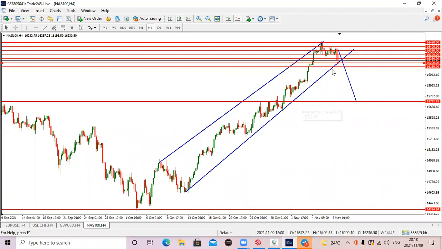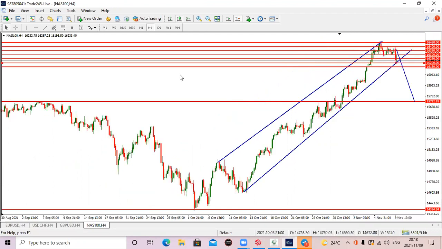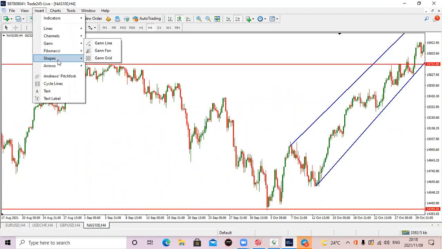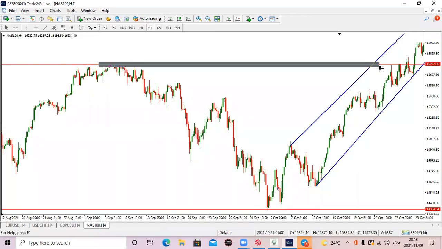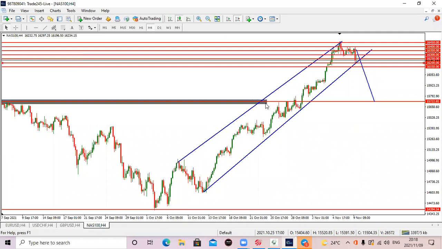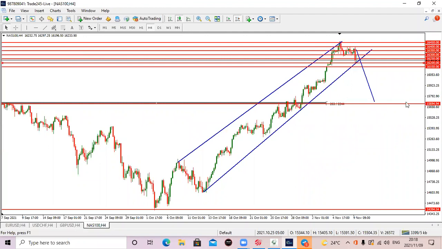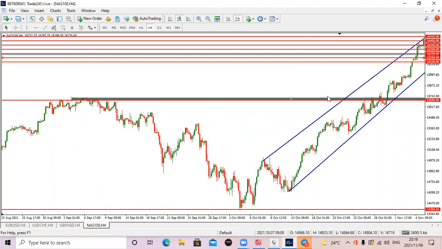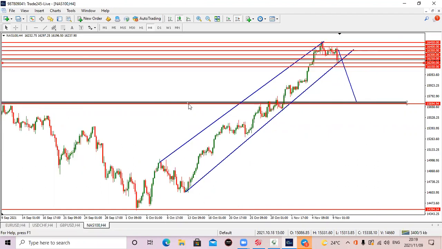In case we break below this structure, we can expect the market to go all the way down. Why we can expect that is because of the guys who are using the order blocks and everything. They can get this, where Nasdaq can drop up until today's price.